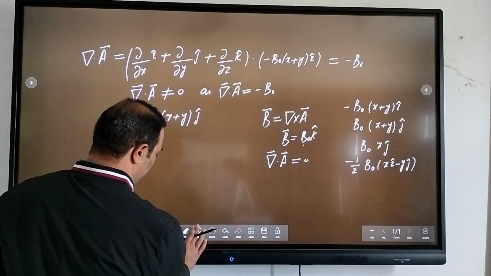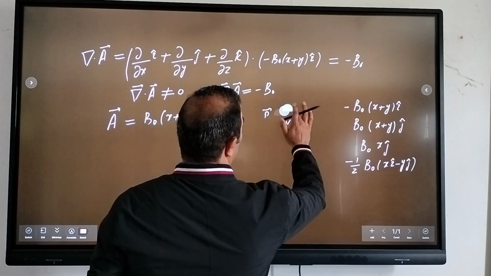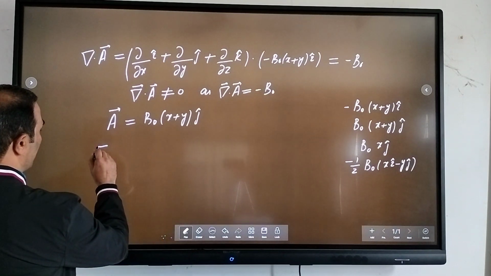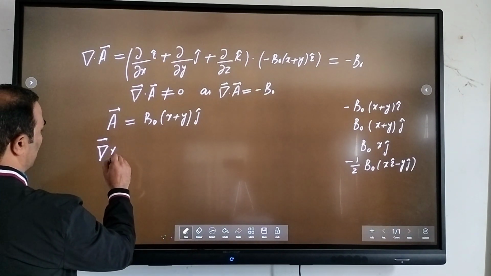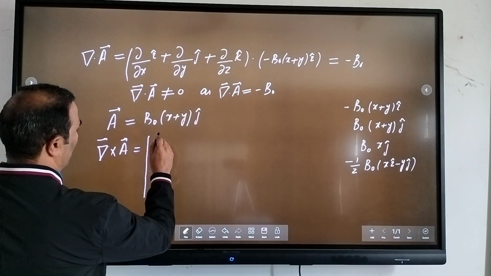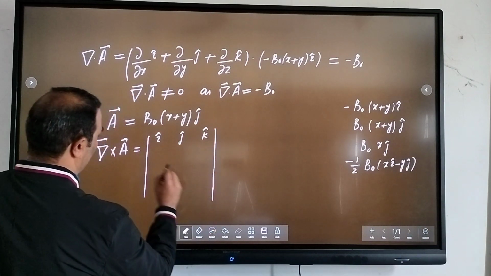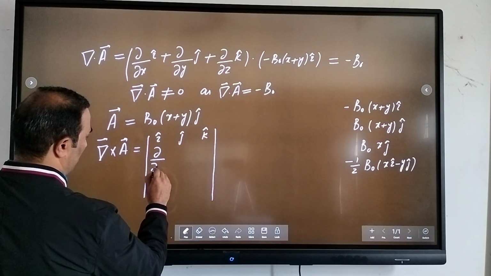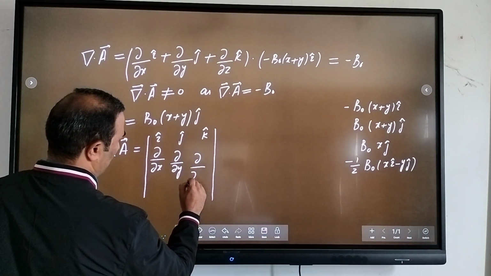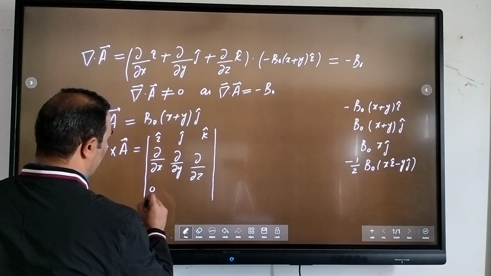So let us calculate first, if we take the curl of that vector potential. Now the vector potential has only the j-th component, so this will be 0.